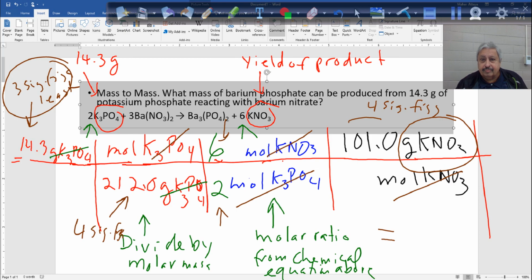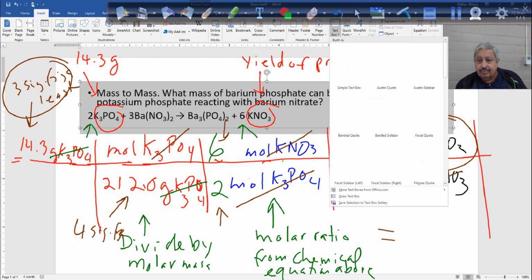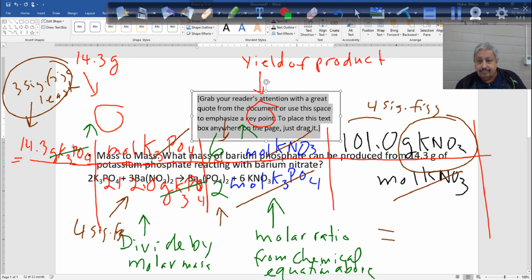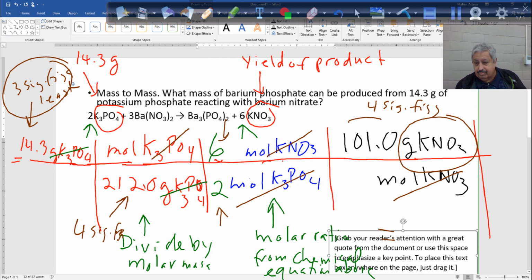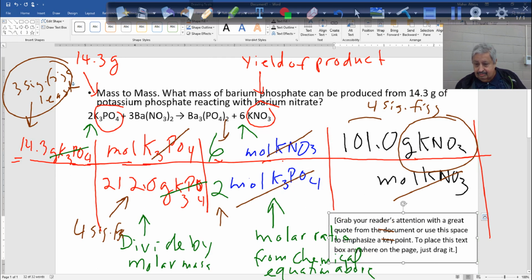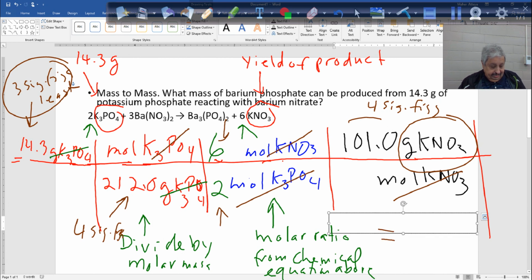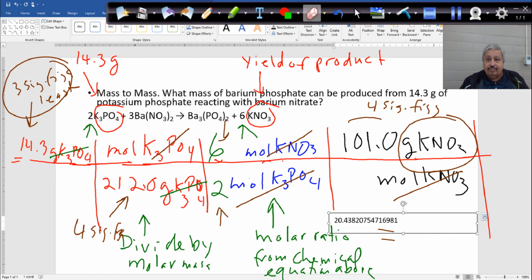Insert box. I'm trying to insert the box here, but anyway. So I can put the number here. So paste. That's my number here. Okay. So this one here equal to, let's take this one out.